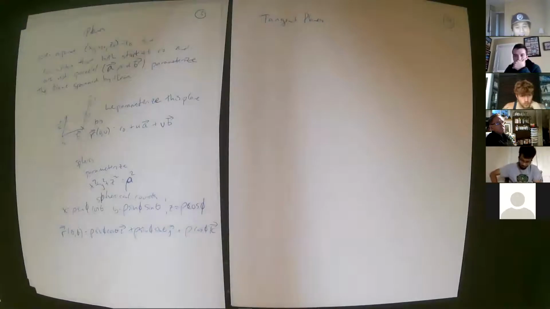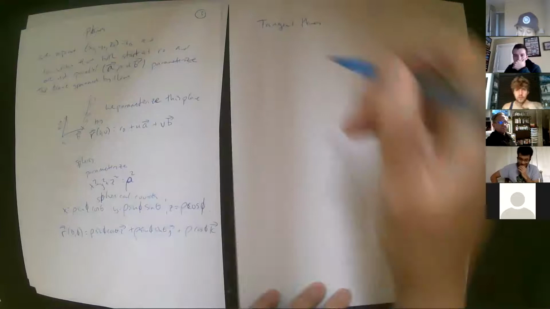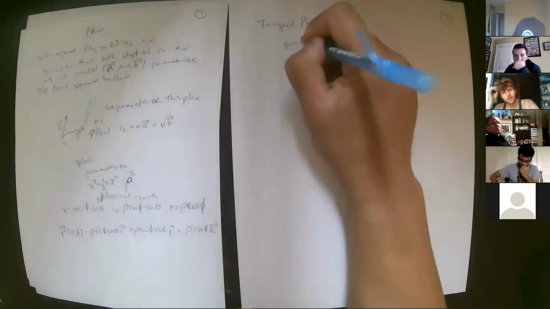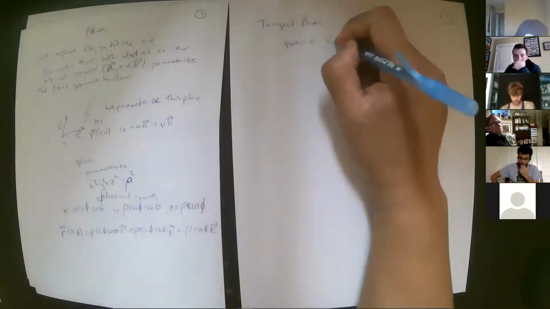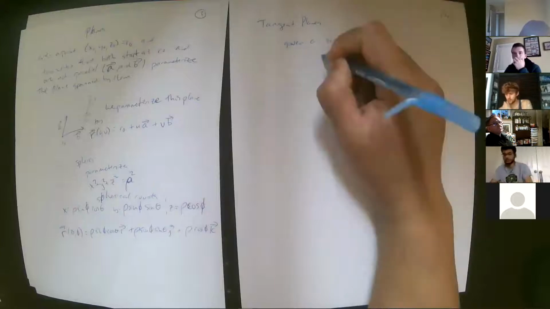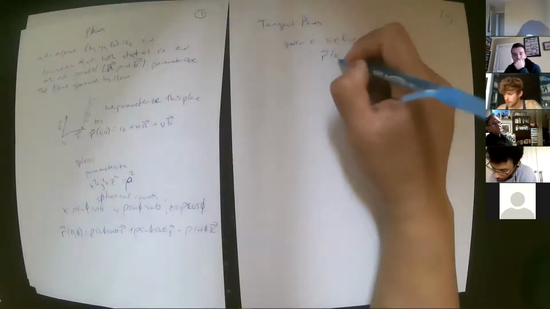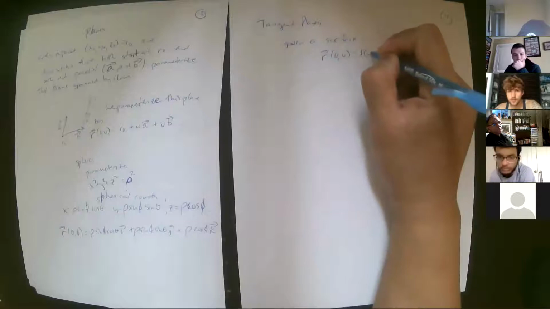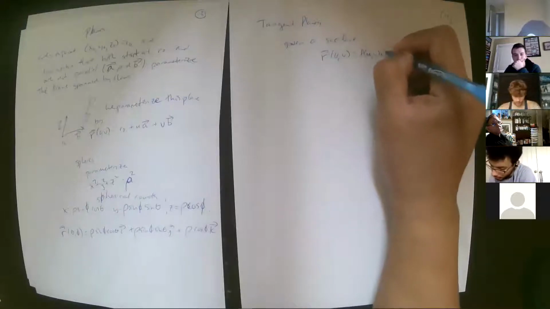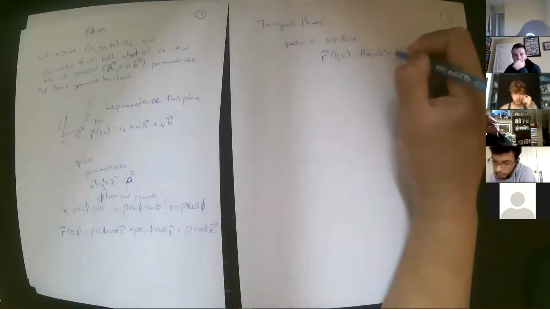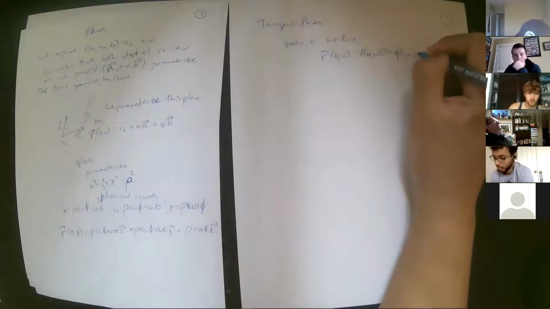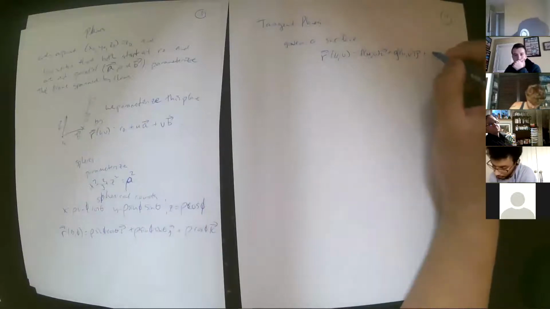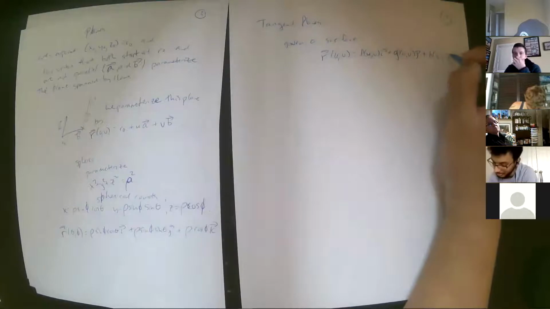So how do you think we're going to want to do that? Given a surface, R of uv is f of uv i plus g of uv j plus h of uv k.